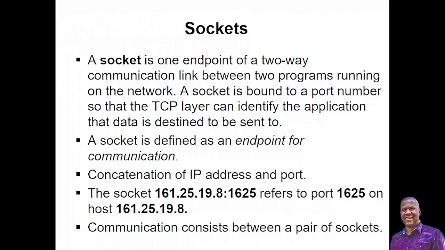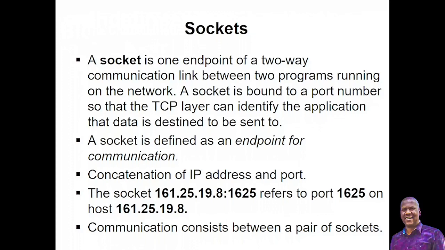When a process is establishing communication, it needs to identify the IP address of the destination computer or node, and also the port that is associated. If you are sending an email, for example, you need to establish the destination IP address of the computer, and the right protocol or port that the email is going to use when it is received.